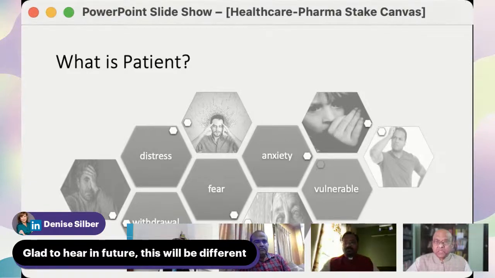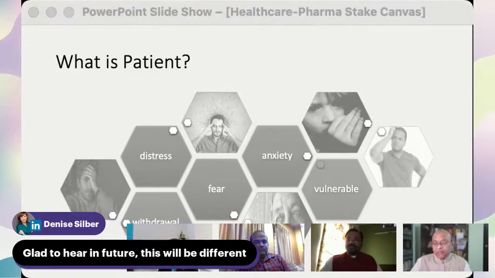Many times they don't go or they delay going to the physician, with a lot of anxiety, vulnerable, and fearful. In this whole context, how is design going to help? This is what we are going to solve now in this discussion, at least trying to understand the very top level of these things.